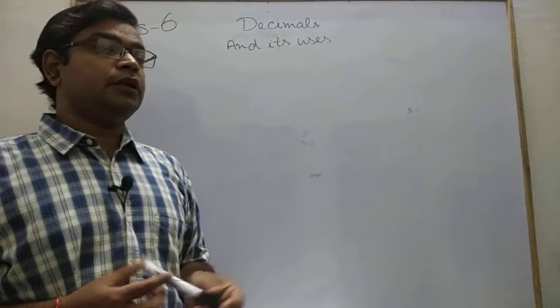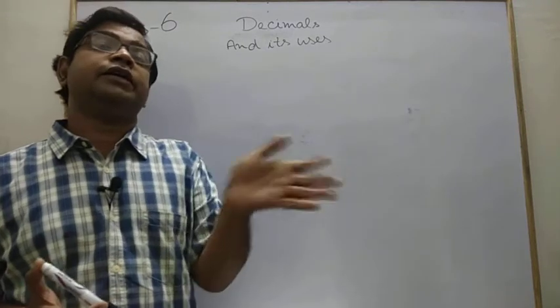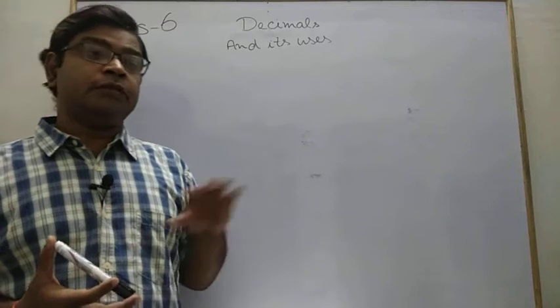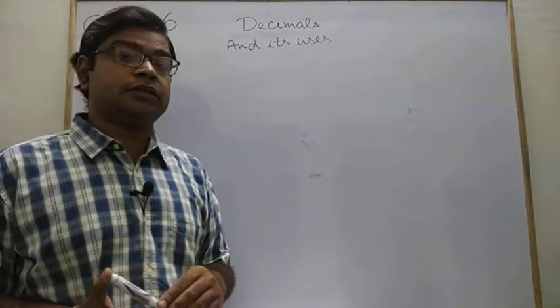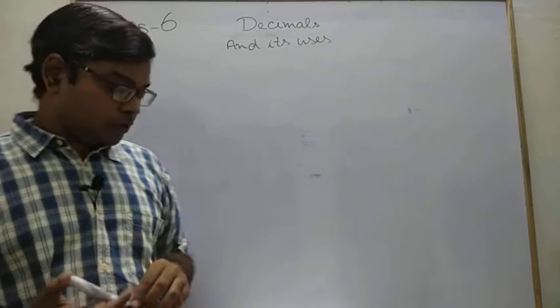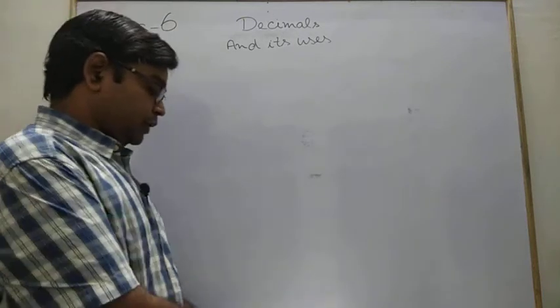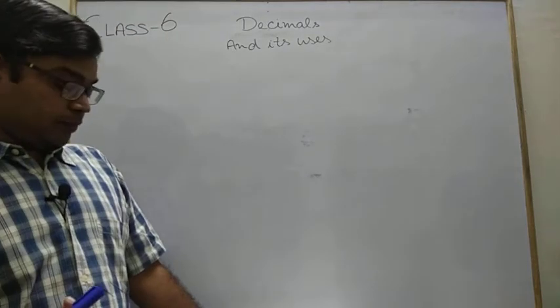For example, if I want to say give me 1 kilogram 500 gram rice, in place of that we can easily say give me 1.5 kilogram rice. So that point is your decimal. We are going to discuss how and where we use decimals.